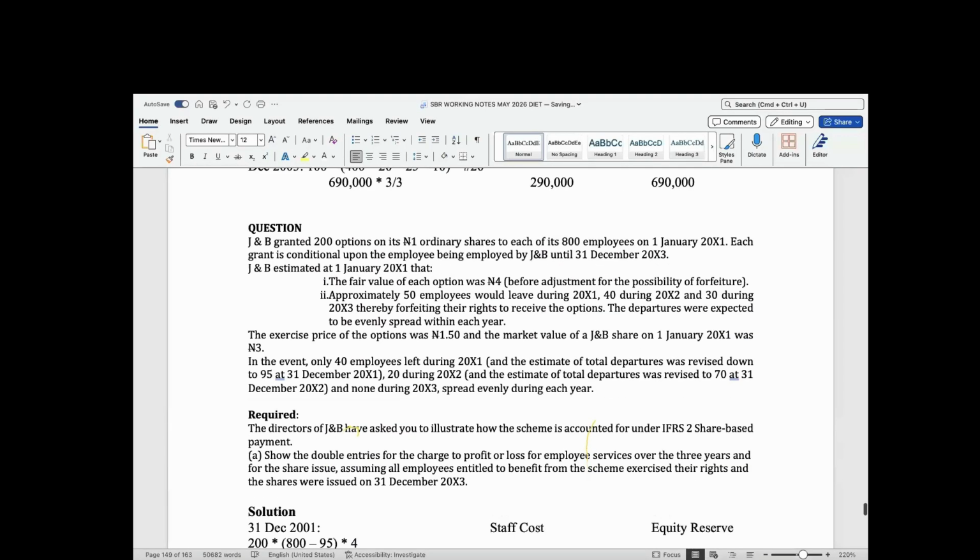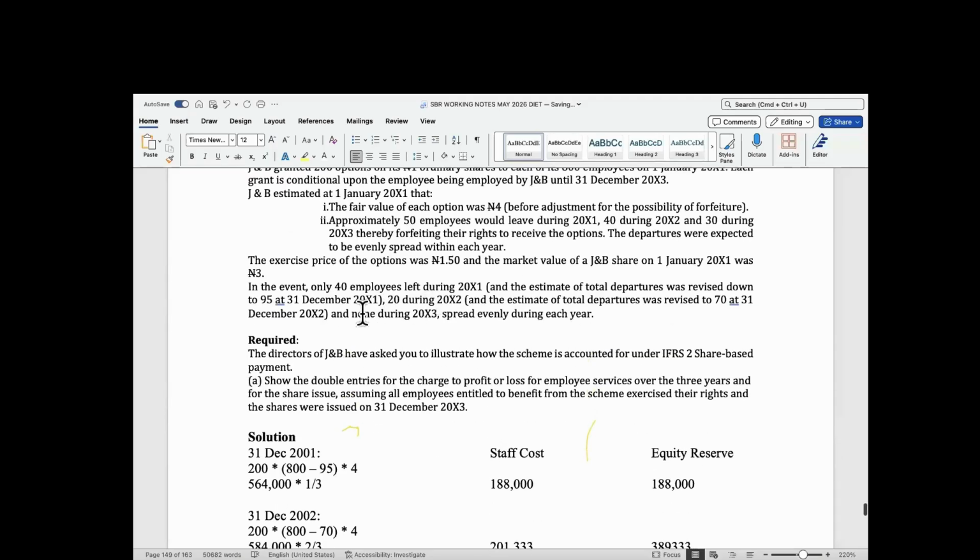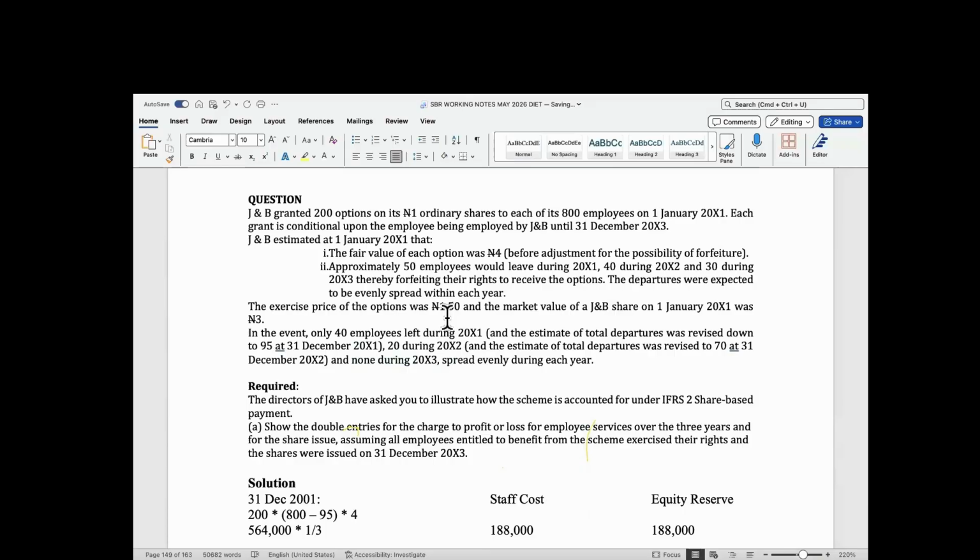How many left? None. So how many employees are now remaining? It's just 800 minus 40, that's 760.